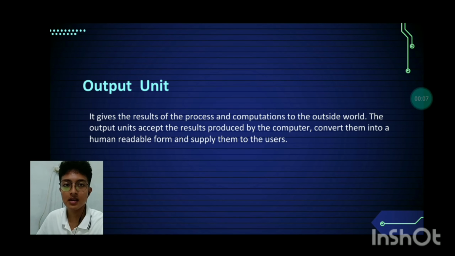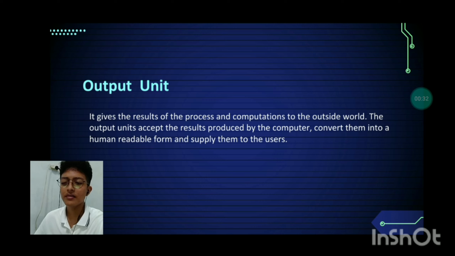To the next slide, which is the output unit. It gives the result of the process and computations to the outside world. The output units accept the results produced by the computer, convert them into a human-readable form, and supply them to the users. There are a few output devices like I have mentioned earlier: the monitors, the speakers, printer displays.